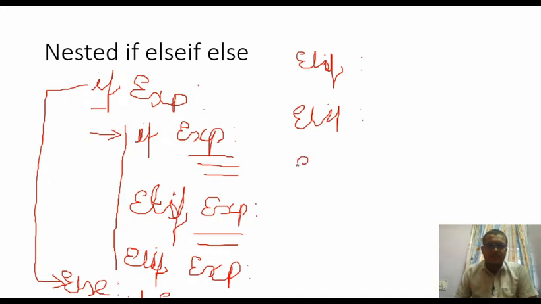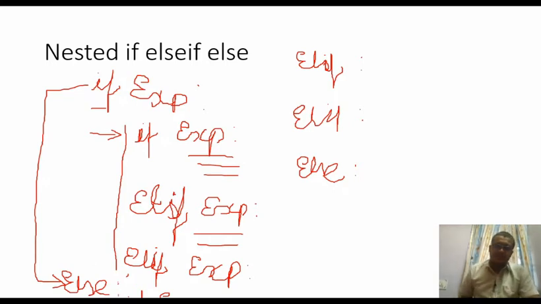And here also you can go for a final else. So if none of these conditions is executed, there is one default else. So like this you can have a nested if else.